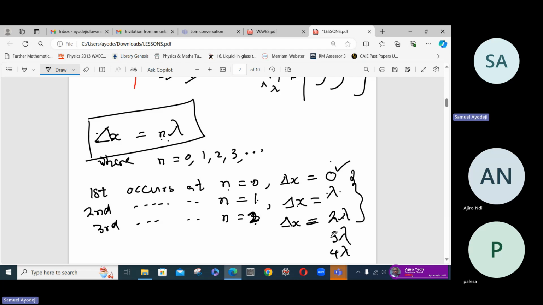So when the path difference is 0 or a whole number of wavelengths, that is called constructive interference.